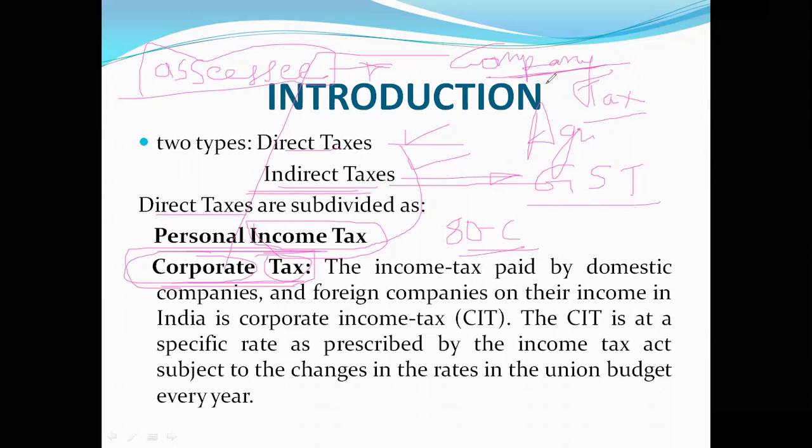So assessee means a person who has to pay tax. Here individual means not only a live person but a company, a Hindu undivided family. All these together are known as assessee. Please remember. So corporate means here a company who happens to be assessee, who has to pay tax to the government, to the income tax authorities.